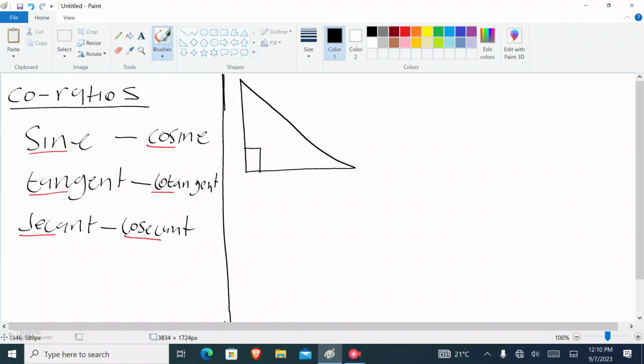Now we all know that a triangle has a total of 180 degrees inside of it. We know that this angle here is already 90. So the remaining two angles will share 90 degrees.